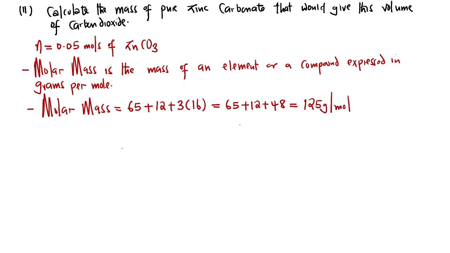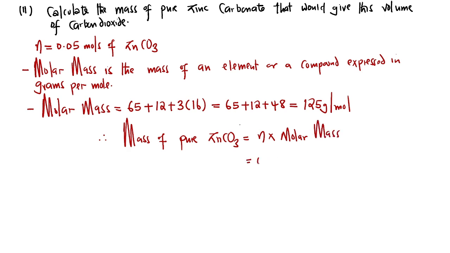Okay, so now that we have everything that we want, we can say that the mass of pure zinc carbonate is equal to the number of moles multiplied by the molar mass. So the number of moles being 0.05 moles multiplied by 125 grams per mole.